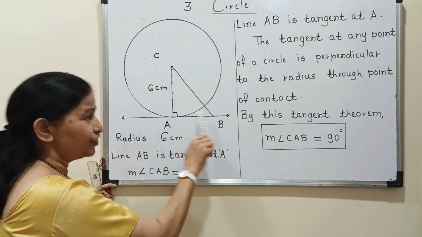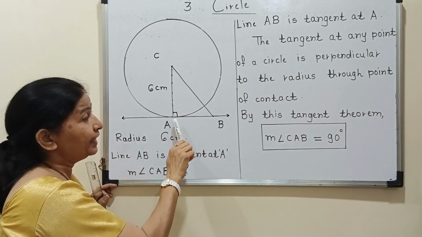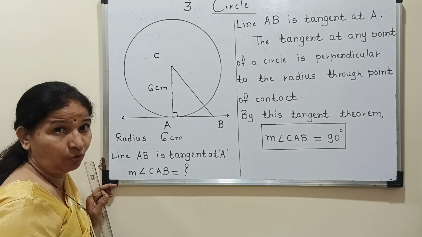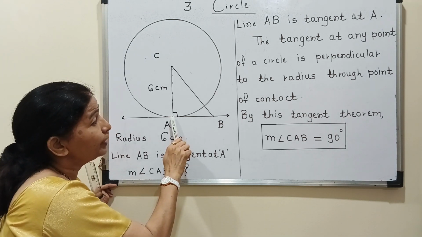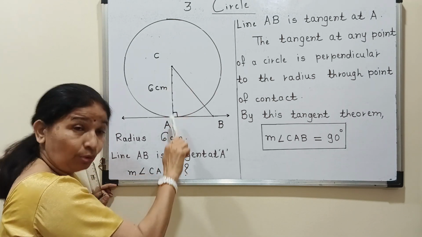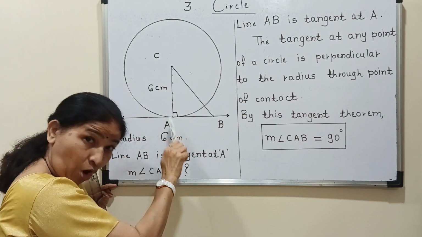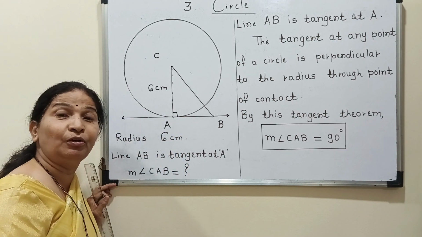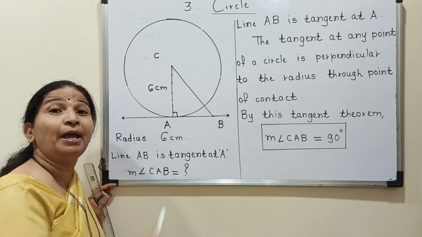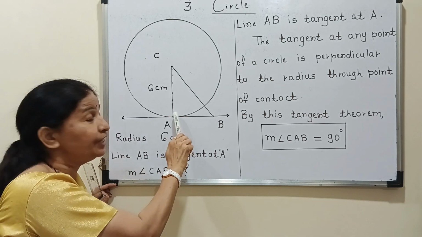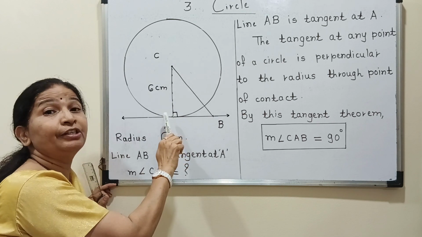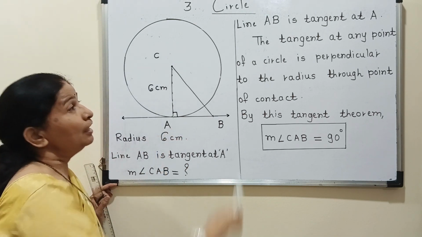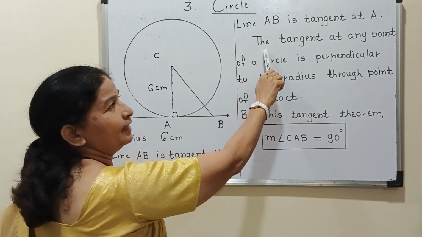According to the tangent theorem, if we draw a radius through the point of contact, then it is perpendicular, means it is making an angle of 90 degrees at this point of contact. Okay, that's what I have written here.